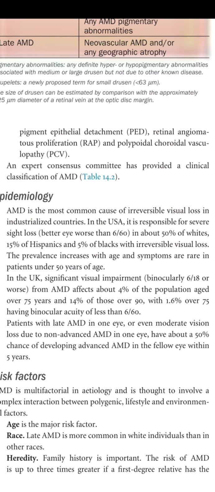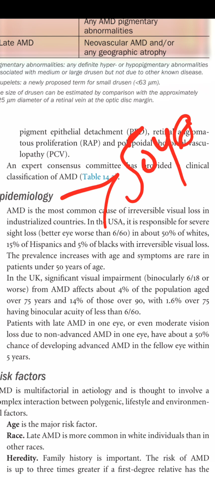The prevalence increases with age, and the symptoms are rare in patients under 50 years of age. So it is mostly age related, and it is present after the age of 50 years.